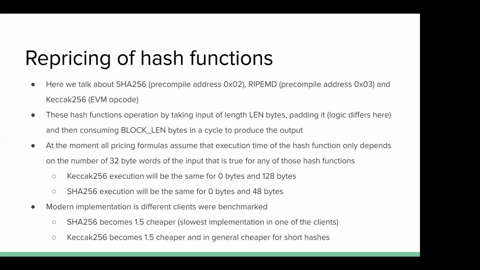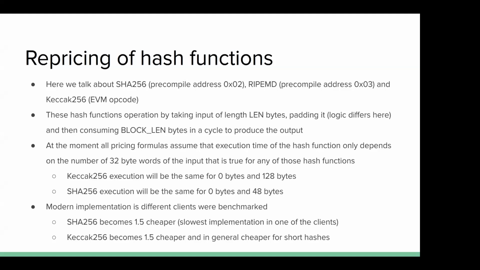You have the offset, but in general, you step every 64 bytes, with a small offset. So that's why there is no difference in the execution time if you feed 0 bytes or 48 bytes. But for example, if you would feed 56 bytes to SHA-256, you would get a different execution time.